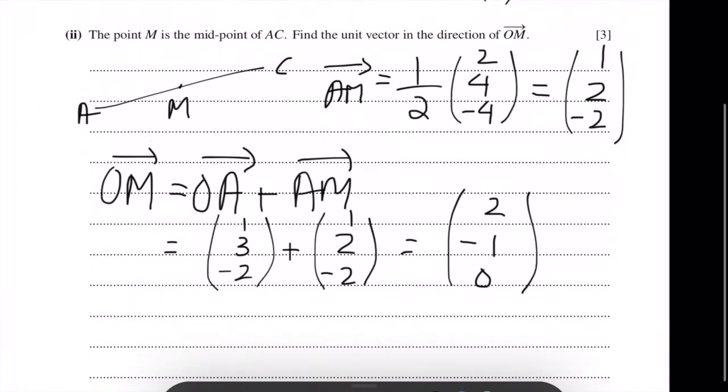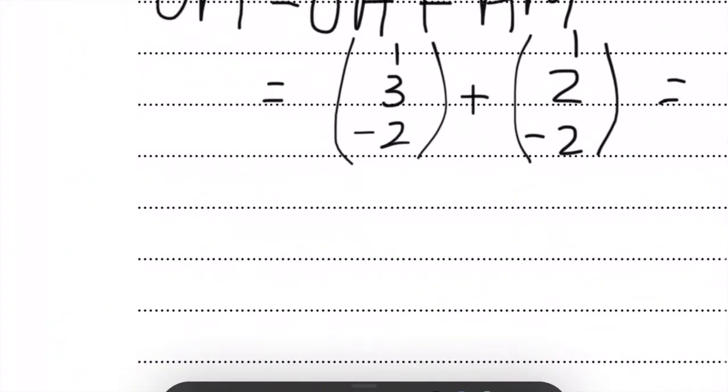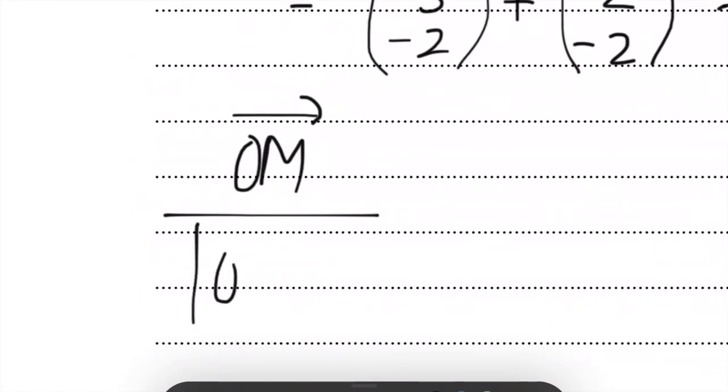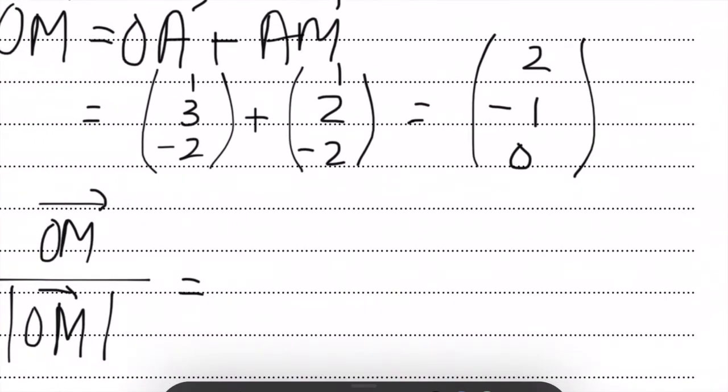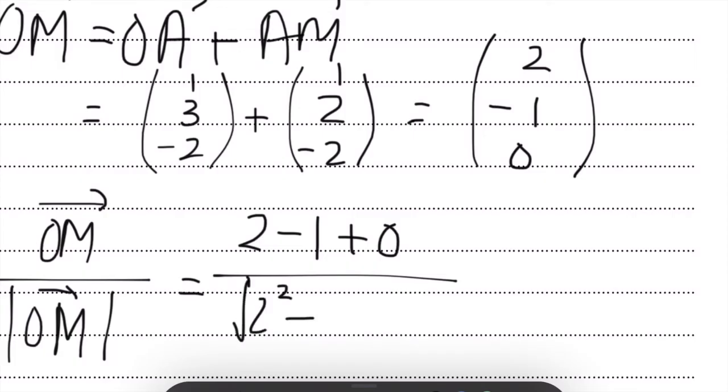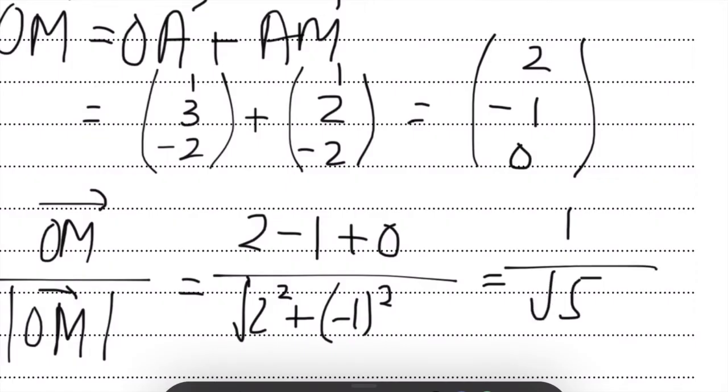Now to find the unit vector in the direction of OM, we need OM to be divided by the magnitude of OM. So we'll write this literally. 2, negative 1, 0 divided by the square root of 2 squared plus negative 1 squared plus 0 squared, which I will not write. And that will be equal to 1 over the square root of 5.